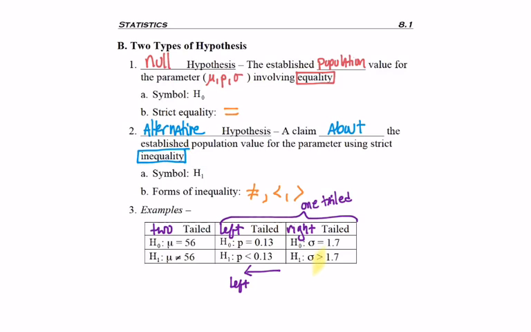Since the greater than symbol is pointing to the right, it's a right-tailed test. And for the not equal to, you've probably noticed there's not a not equal to sign on the keyboard. In computer language, if you have to type not equal, you use the less than and greater than in opposite directions. That helps, because it's like an arrow pointing in both directions, so I have two tails.